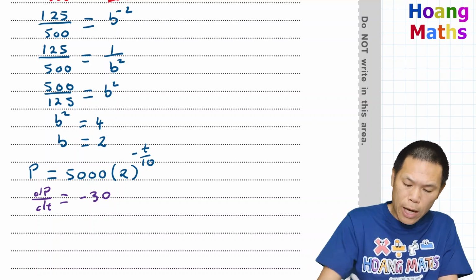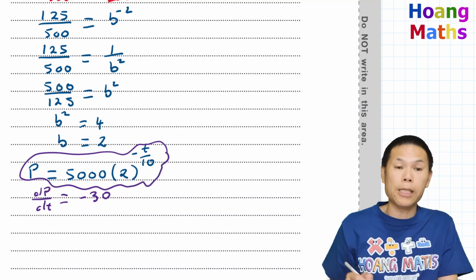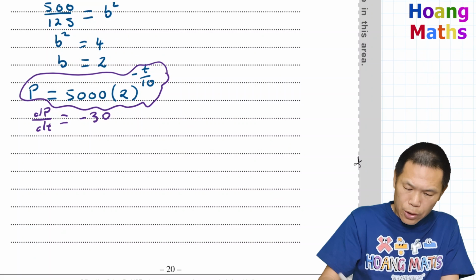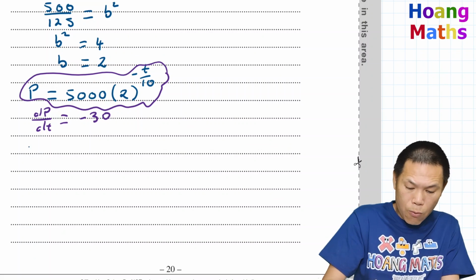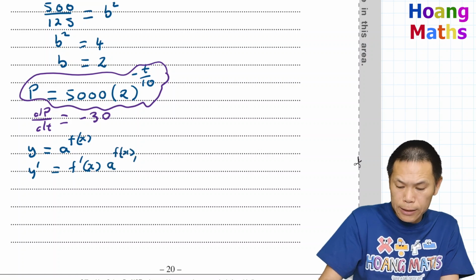So now what I do, I need to differentiate this function first, dP/dT. And the rule for this is, let me just write this down. If y is a to the power of f of x, then y dash is f dash x, a to the power of f of x, times ln of a.